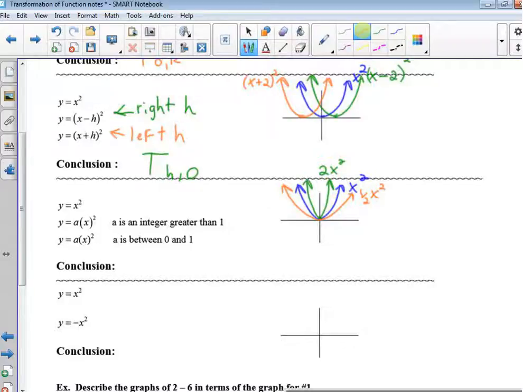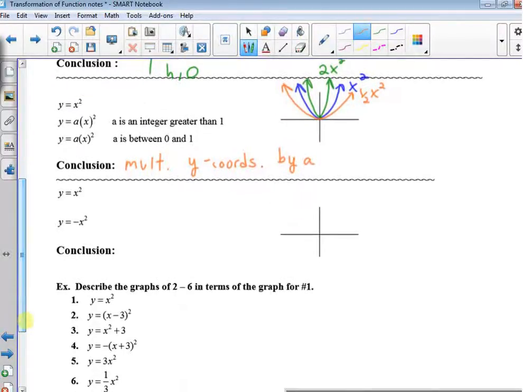So our conclusion is that you multiply the y coordinates by a. You keep the x coordinates the same. The last one, it's that reflection in the x-axis. So the conclusion is a reflection in the x-axis.